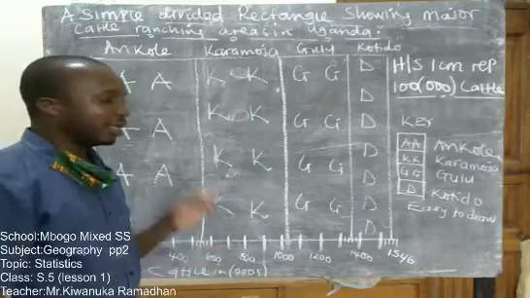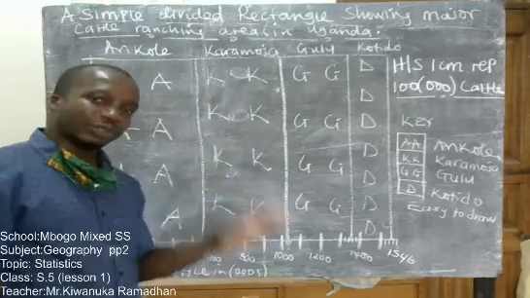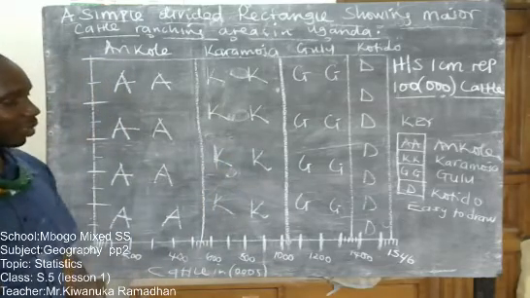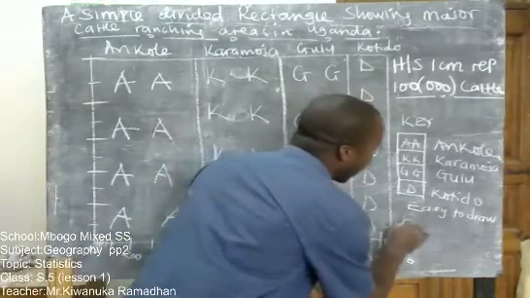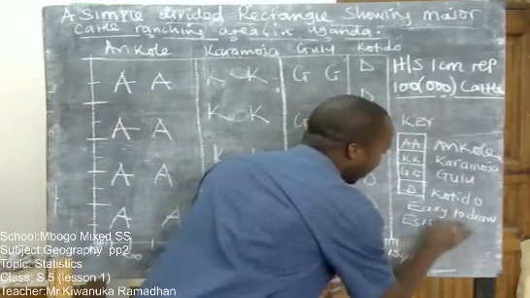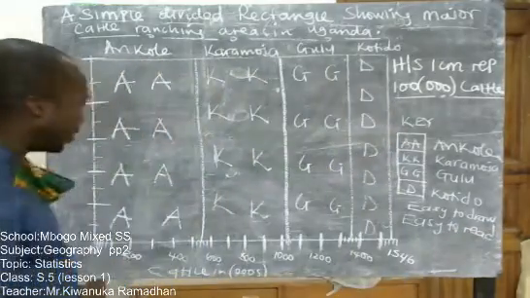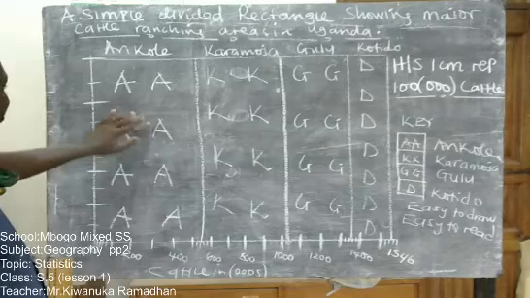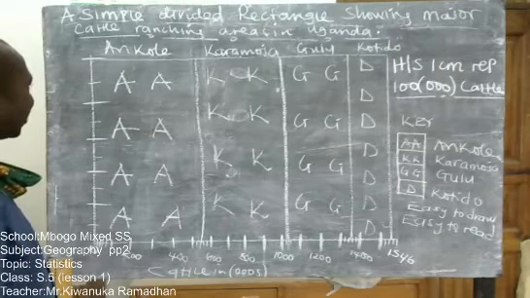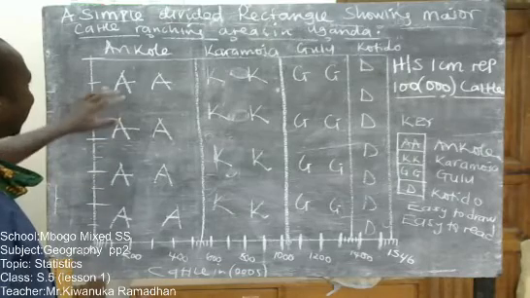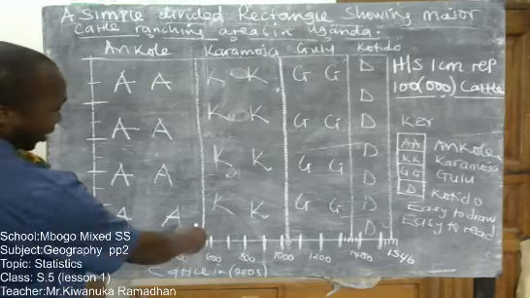So we say advantages: 1, the method is easy to draw or construct. Then 2, the method is easy to read or understand. When you look at this rectangle of ours, you can easily tell that in Uganda, the major ranching area happens to be Ankole because it has the largest segment.